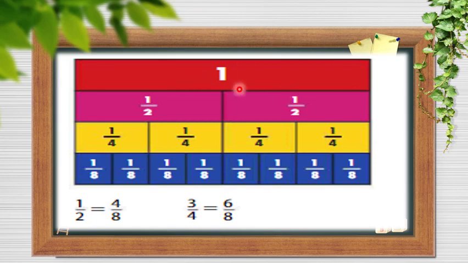So the whole is 1. Now you can divide 1 into halves. And then further you can divide half into 1/4 and 1/4. So this is a basic model and so on.